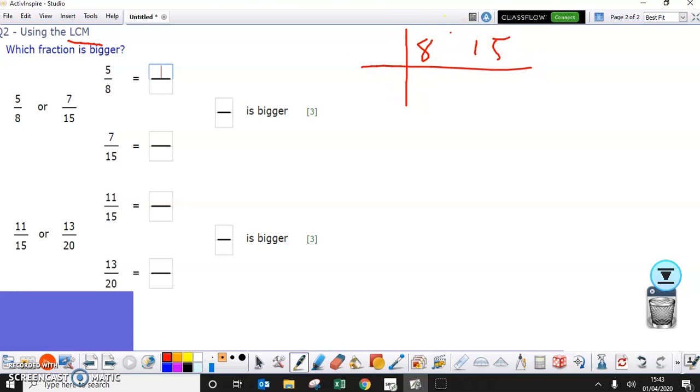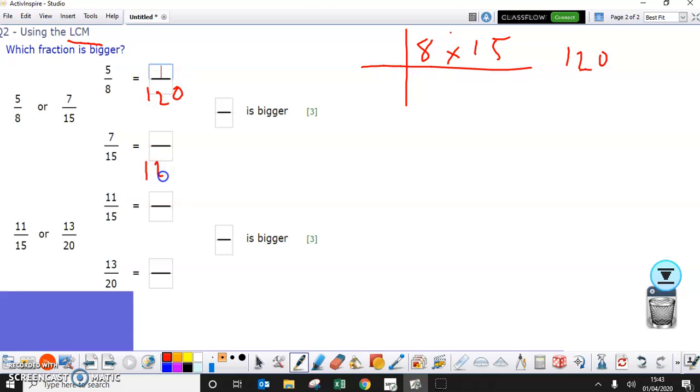There is nothing that goes into 8 and 15. So I'm going to have to times them out. So 8 times 15, because 1 is the only thing that goes into it.